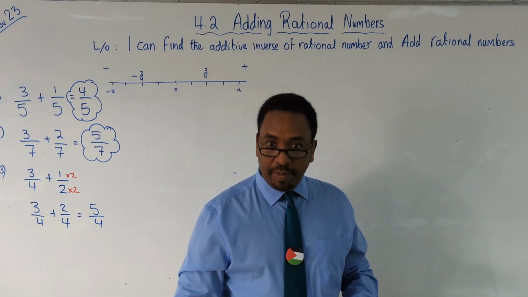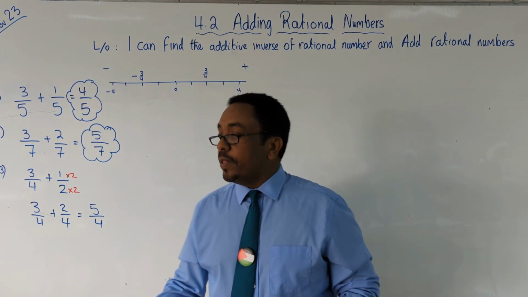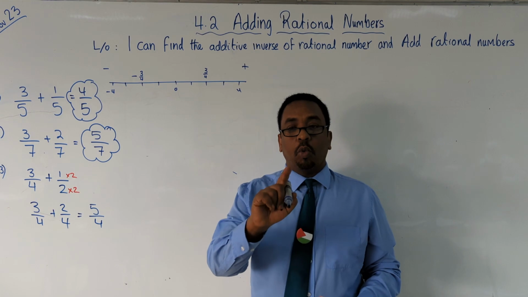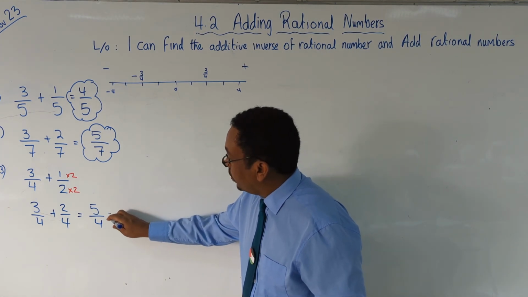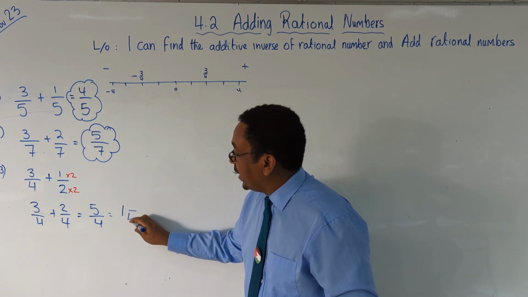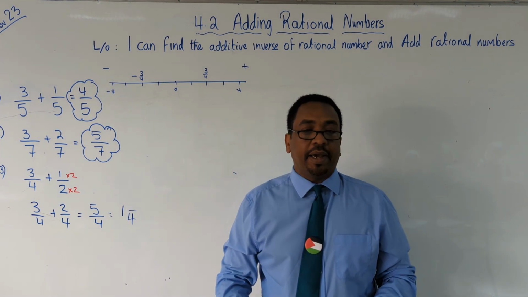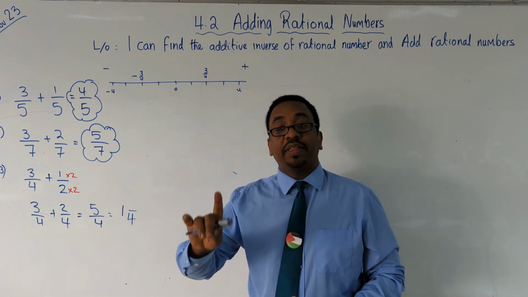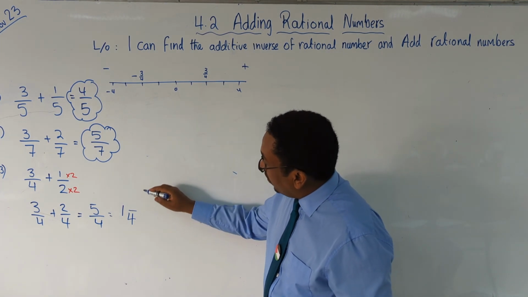Okay, let me just quickly remind you. This is how we do it. We say how many 4s are in 5? 1. So we put the 1 at the front. Denominators don't change. 4 stays the way it is. And what is the remainder? 5 has got one 4. There is 1 remainder. So the 1 will stay on the top.